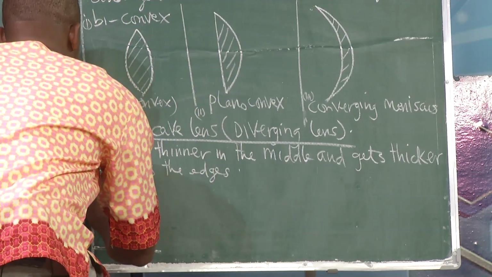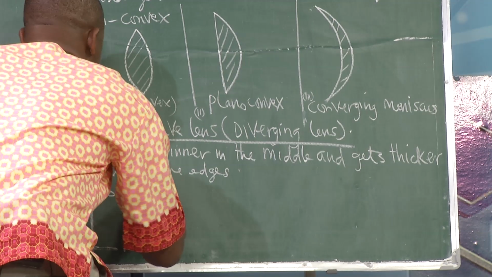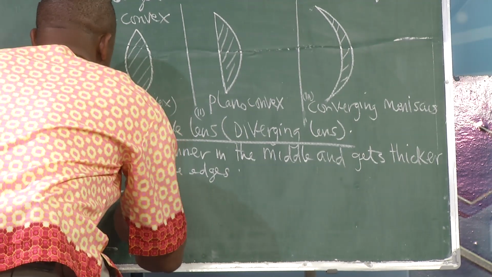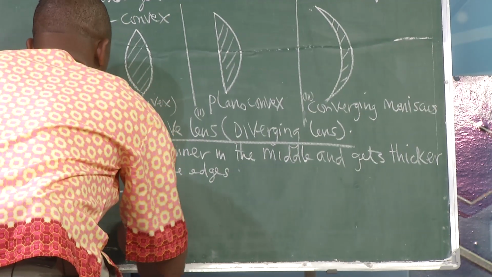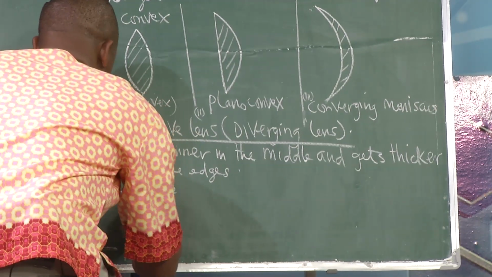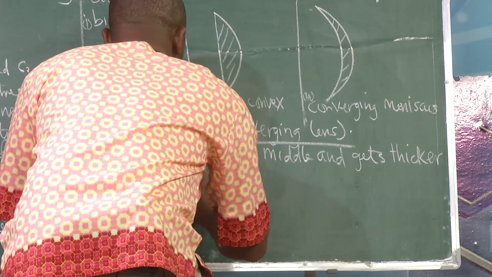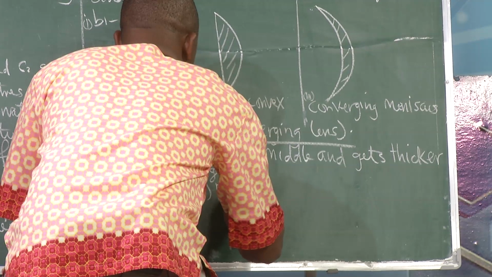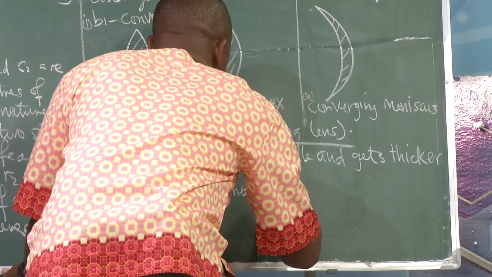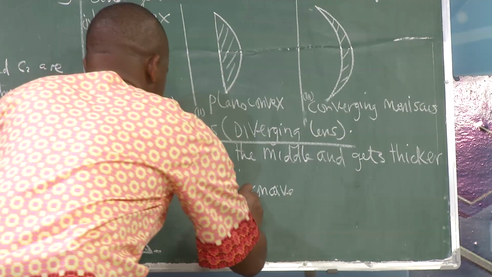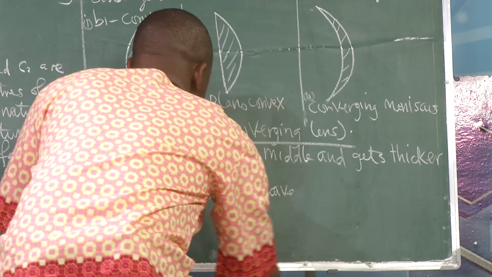We also have three types of concave lens. The first type is the biconcave, which we can draw like this. The second type is the plano concave, which is half of the biconcave.